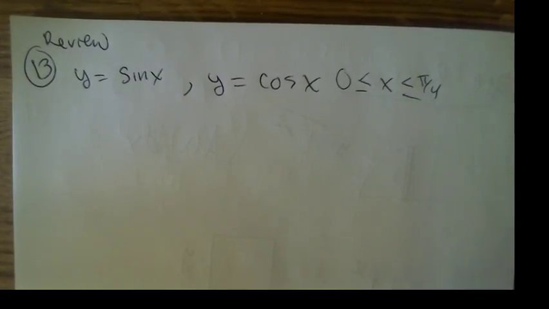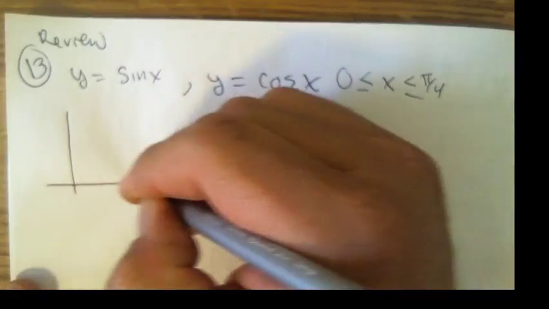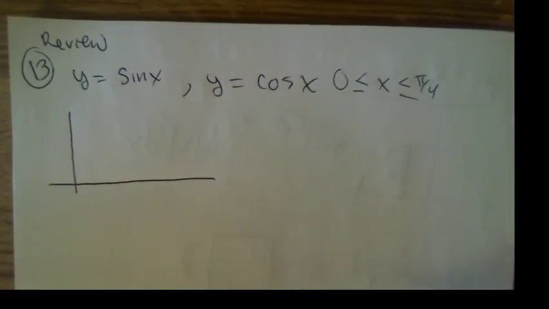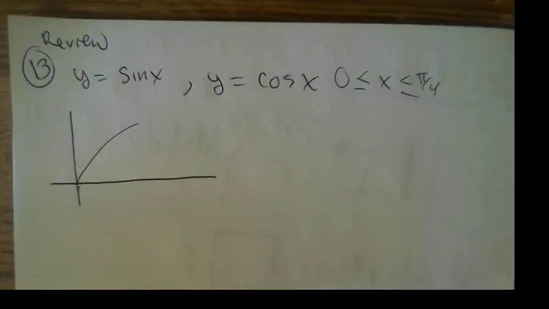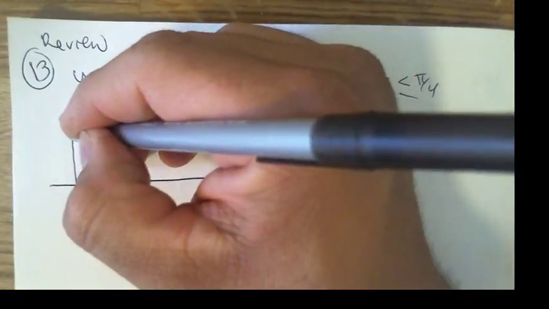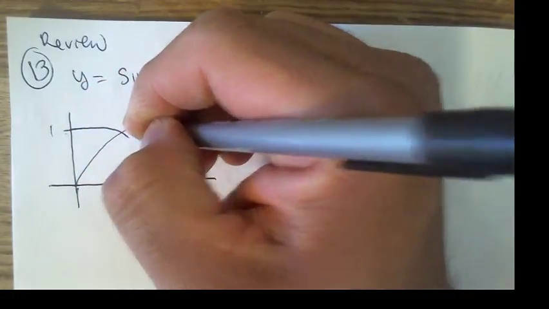All right. Okay, so let's draw a little picture here. Sine of x looks something like this, and then cosine of x, this is 1, looks something like this.